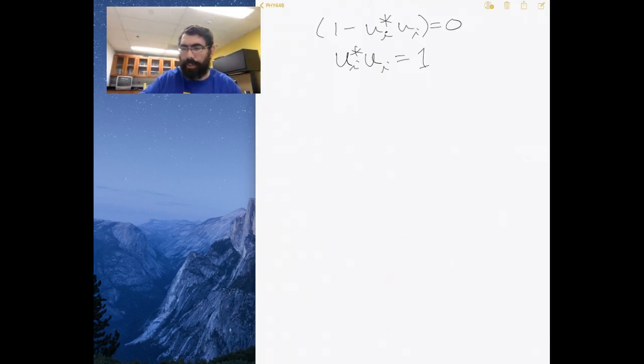We have to take the complex conjugate to multiply them together, and the product of those gives us a modulus of 1. So it has a unit modulus.